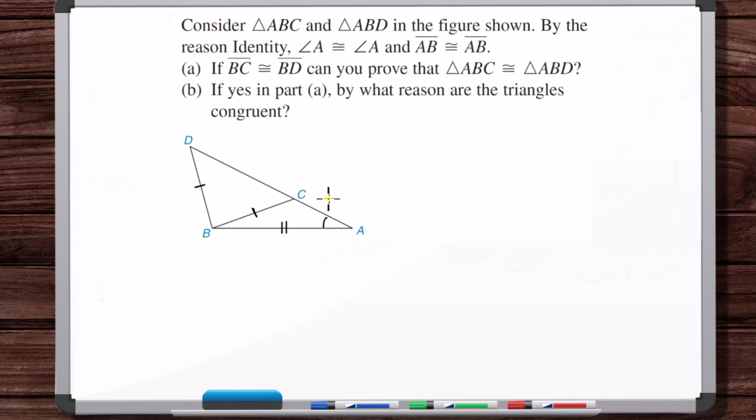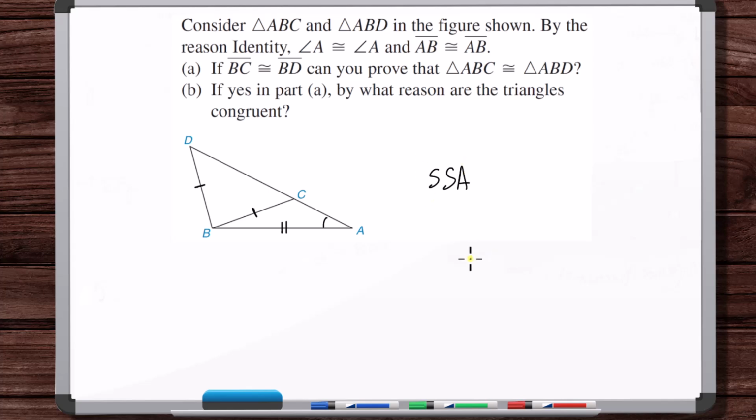So looking at triangle ABC, we've got two side lengths and an angle, but the angle isn't included between the side lengths. And looking at triangle ABD, it's the same idea. It's a side-side-angle. So side-side-angle is not one of the congruence postulates.